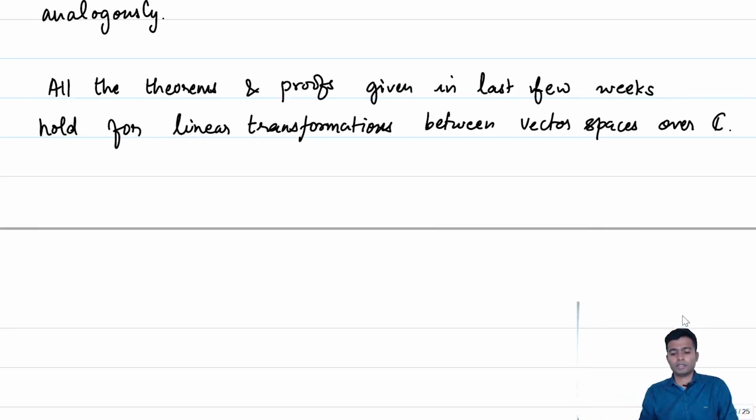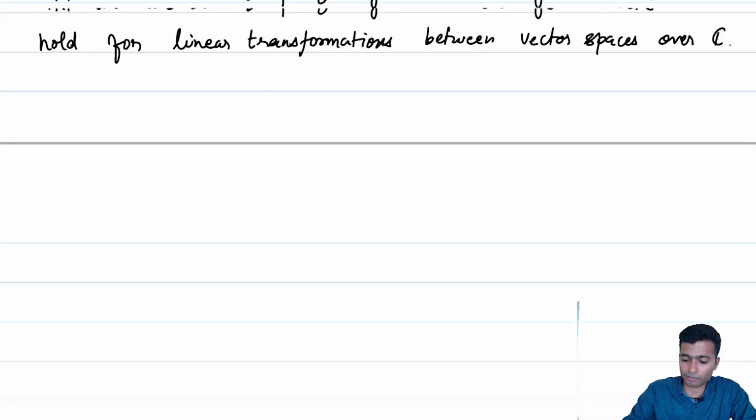Not just the results about the dimension theorem or its consequences, every definition and every result that followed, for example eigenvalues, eigenvectors, etc., can be defined in the case of complex vector spaces and linear transformations between vector spaces over C. In this case, an eigenvalue will just turn out to be a complex number instead of a real number.